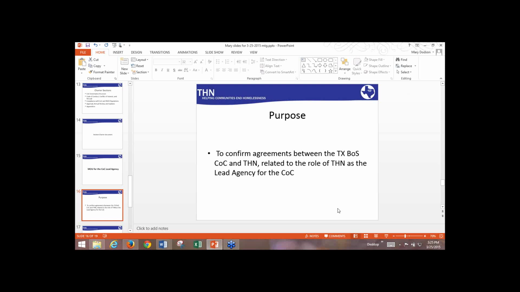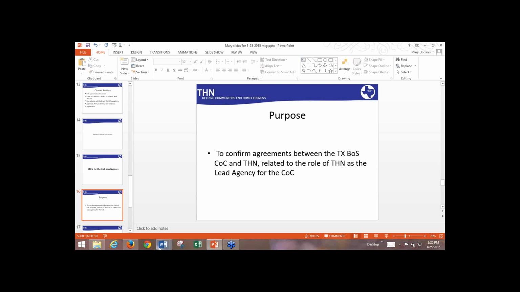So again, a way to just spell out what the COC and the COC board are expecting from THN as the lead agency, and what the THN board is expecting from us as the COC lead agency, so that we're all very clear and in agreement on what our duties are and what you all can expect from us and what the THN board can expect from us.